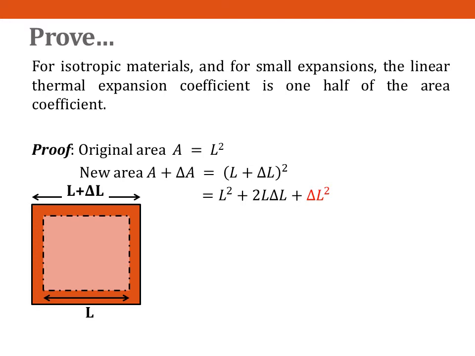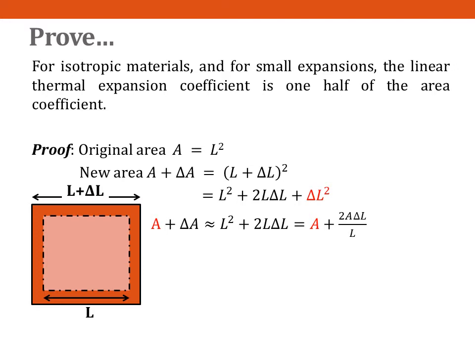Delta L being a very minor change, its higher order terms are going to be extremely small, and we neglect the delta L squared term. Therefore, A plus delta A becomes L squared plus 2L delta L.